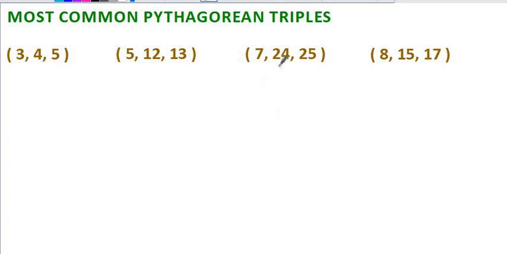You will see that here 25 squared is equal to 7 squared plus 24 squared. You can calculate, you will see that. Another most common Pythagorean triple, 5, 12, 13. If you know only 2 of them, then the third you can just write directly. Okay, 3, 4, 5. These are the most common Pythagorean triples.